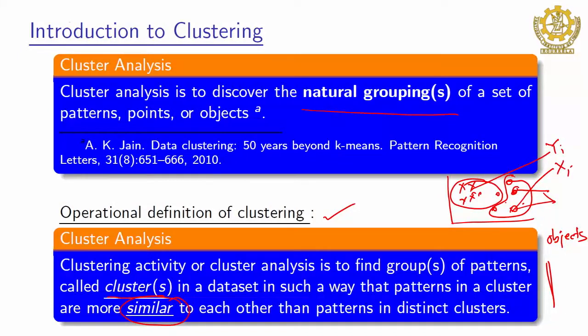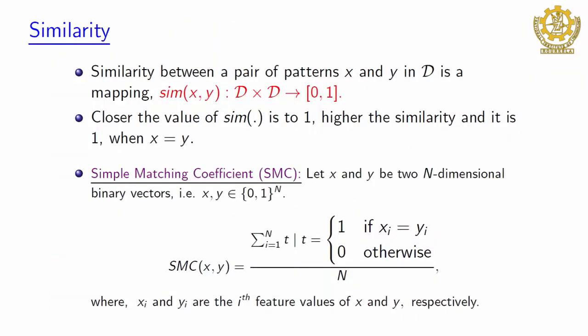We will see one more definition, similarity. We already computed the similarity between a pair of objects, because in the earlier case, similar objects we put in a group and dissimilar objects we put in a different group. That was the main motto of clustering techniques. Therefore, we should have the tool to compute the similarity between a pair of objects.